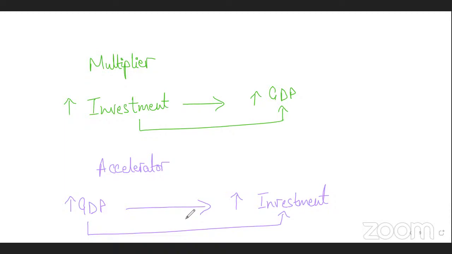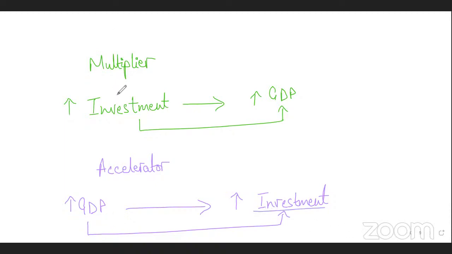So they definitely don't want to miss out on the chance of capturing these markets. Is this helping you? Multiplier looks at how investment causes a change in GDP, and accelerator does the opposite: how GDP causes a rise in investment.